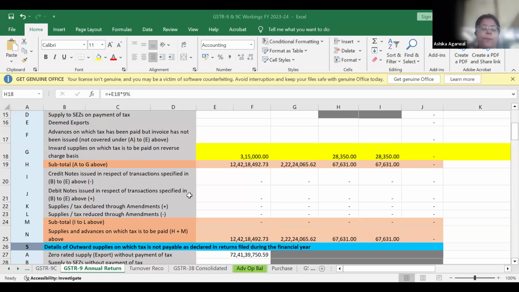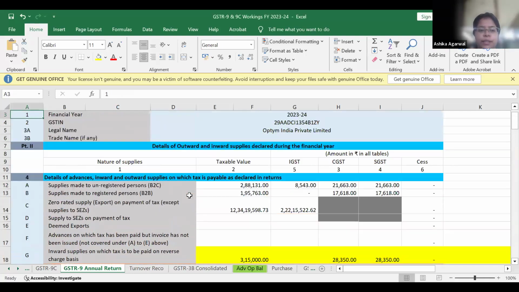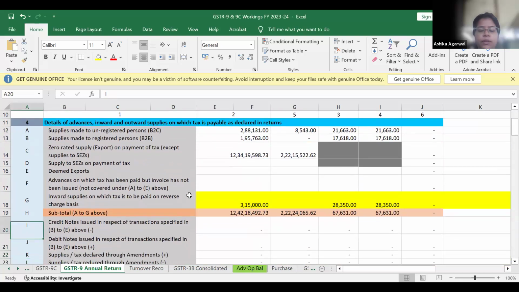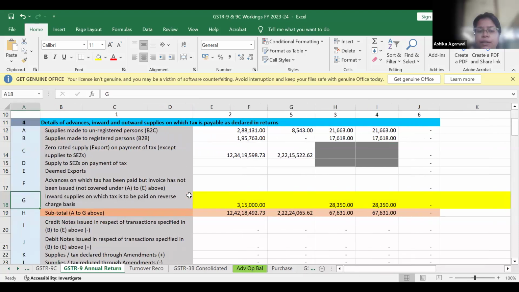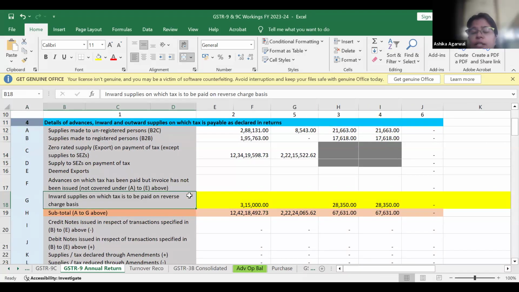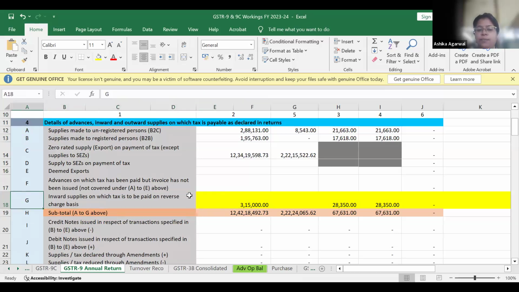So over here, with respect to RCM reporting, the RCM liability which we are liable to pay is required to be reported in table 4G. Irrespective of whether it is from a registered or unregistered person, if on any expenses you are liable to pay under RCM and you have paid through 3B, let me clarify, it's not payable, it's paid. For example, suppose I was liable to pay on 5 lakh, but I have paid on 3 lakh.